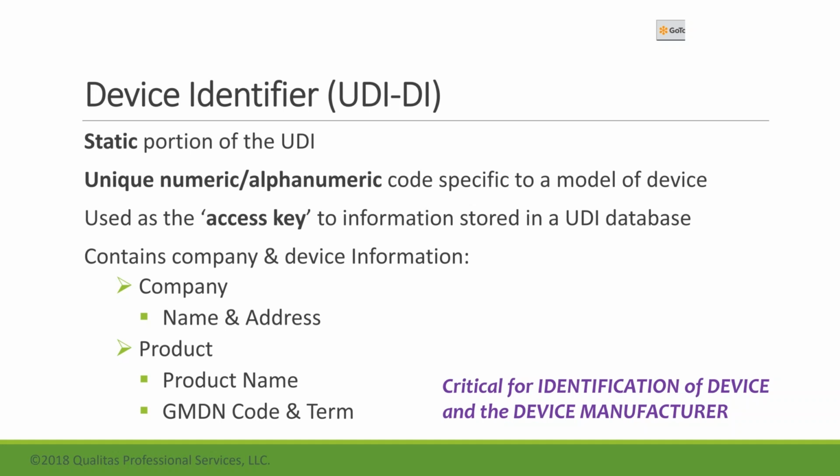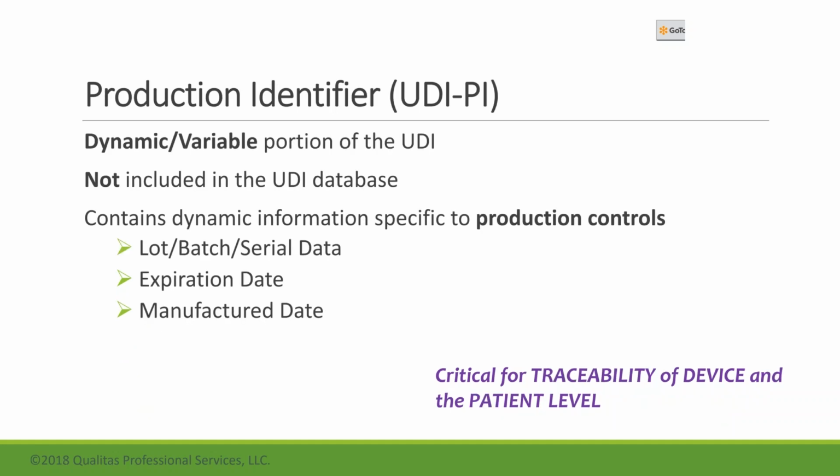Next, in that book, we have pages. And the pages, think about them as being your production identifier. The production identifier is the dynamic or variable portion of the UDI. It's going to change based on each lot number or serial number of a device. This information, it's important to understand, is not included in any of the UDI databases.